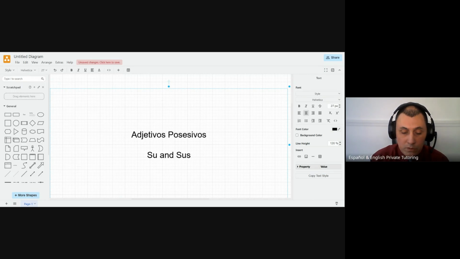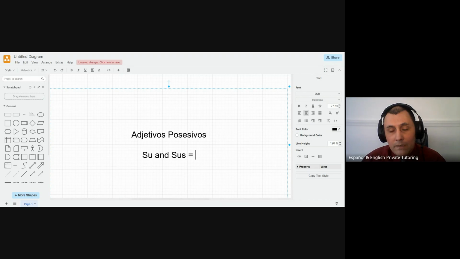Okay, so both of these can translate as your, but it can also be plural. I can refer in English to your car, like you all's car, not just one person. It's the same in Spanish. So when I say your car, it can be singular or it can be plural.